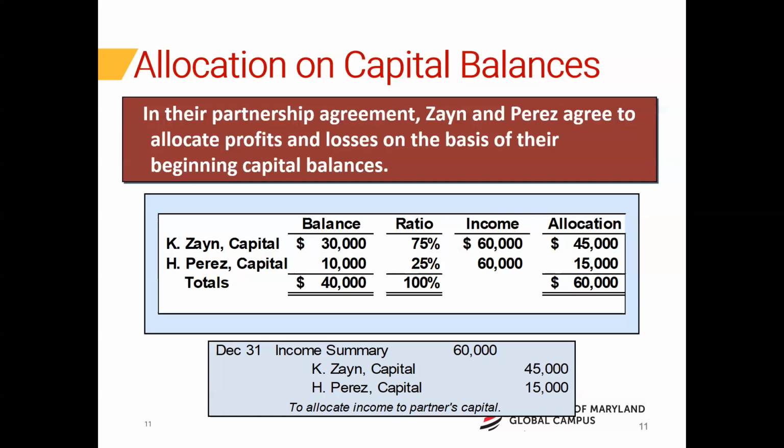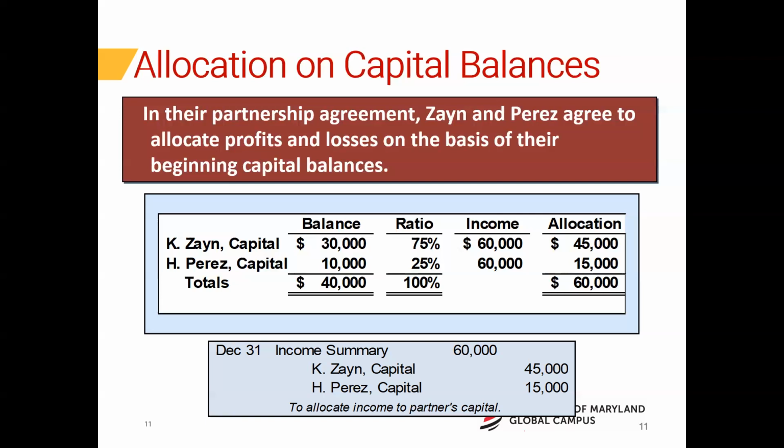Then we have income, the net income, 60,000. So how much would we allocate to each partner? Well, we have 60,000 total, right? So if you take your 60,000 times 75%, that's 45,000. 60,000 times 25% is 15,000, and those would be your allocations for each partner.